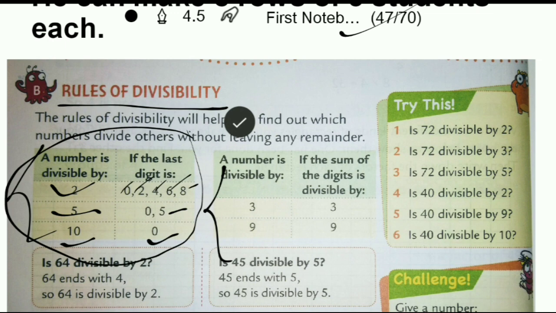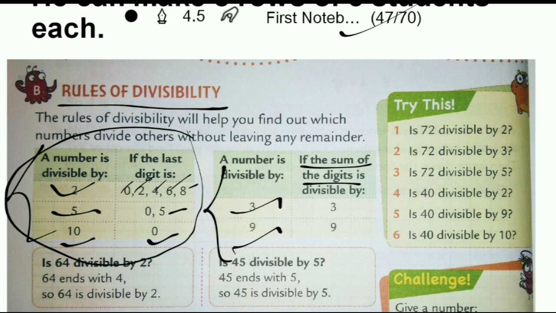On the other side, these are the rules for 3 and 9. What is the rule of 3 and 9? Whatever number is given, you have to add the sum of all the digits. Suppose the example is 27. 27 means 2 plus 7, so 9 will come. That 9 means it can go by 3 table as well as 9 table.